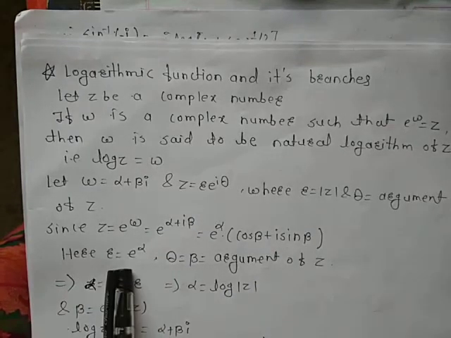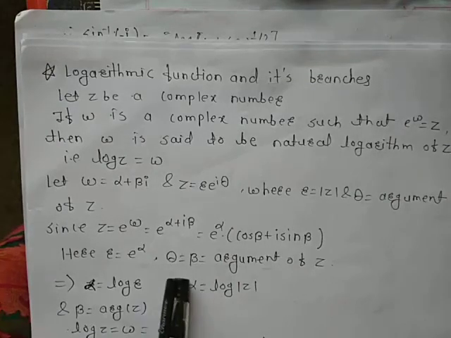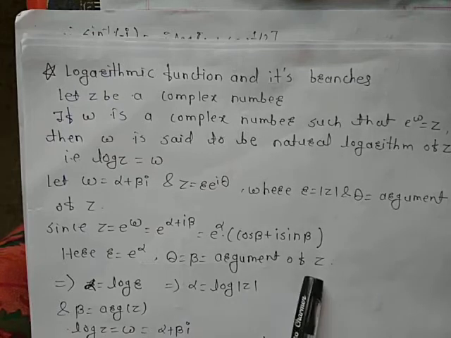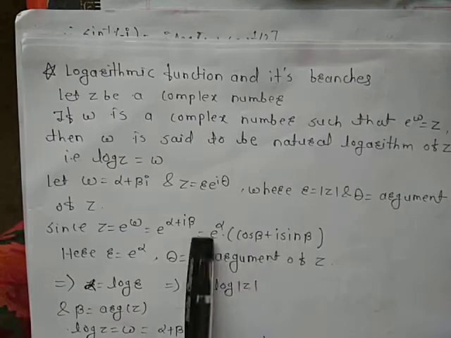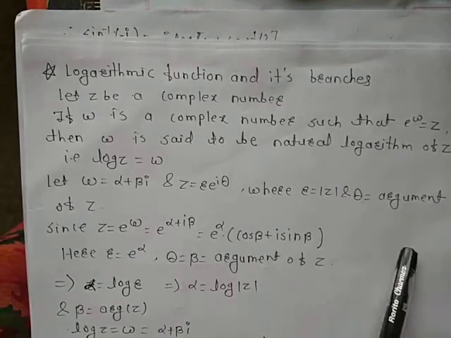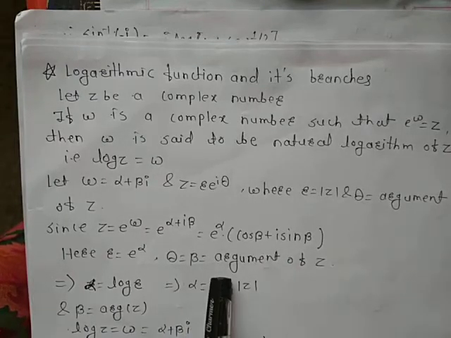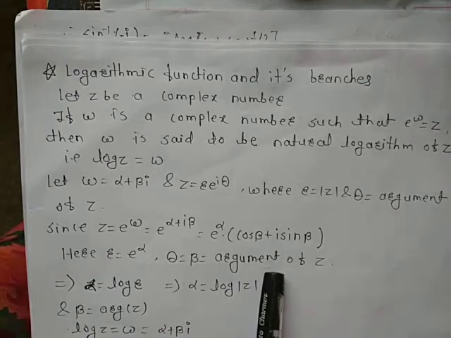Comparing this with r into cos theta plus i sin theta, we get r is equal to e raised to alpha and theta is equal to beta, which is the argument of z.